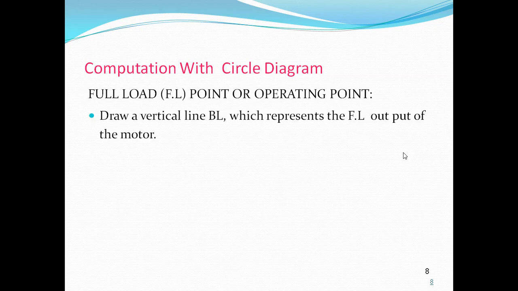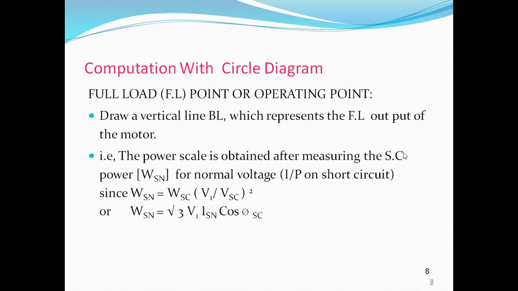At the full load point or operating point, draw a vertical line BL which represents the full load output of the motor. The power scale is obtained after measuring the short circuit power WSN for normal voltage.